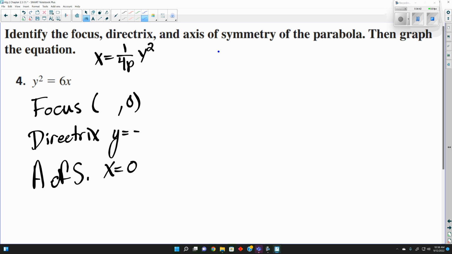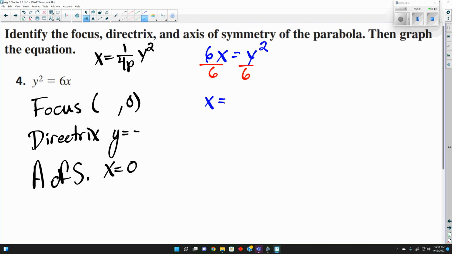So we could flip, so 6x equals y squared like this here, yes? So it's the x by itself. But what are we going to need to do? Divide both sides by 6, which really will give us x by itself, yes?